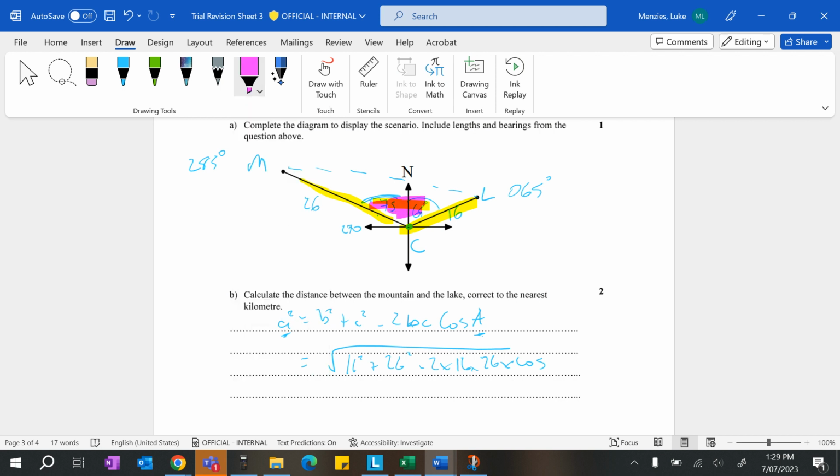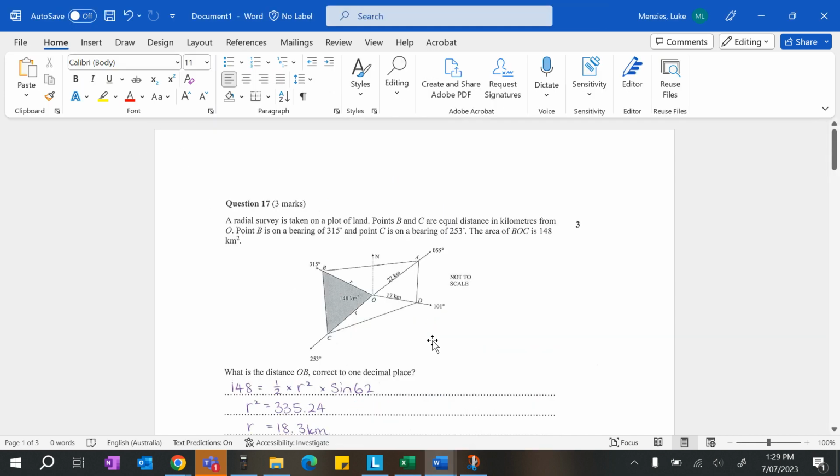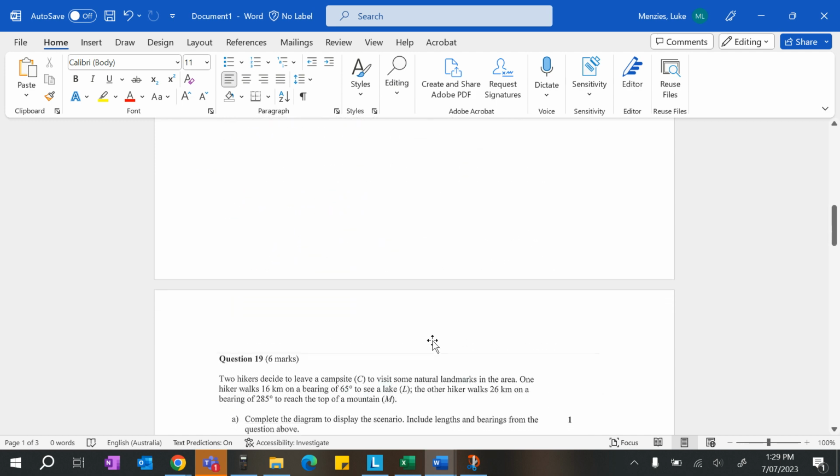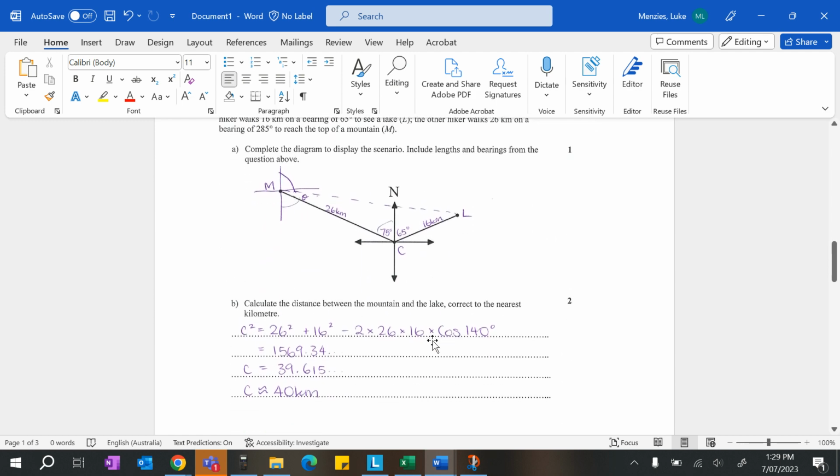So 65 and 75, so 80 and 60 is 140. To the nearest kilometre, I'm going to cheat this one because I put the answers in anyway. The answer is going to be 40 kilometres.